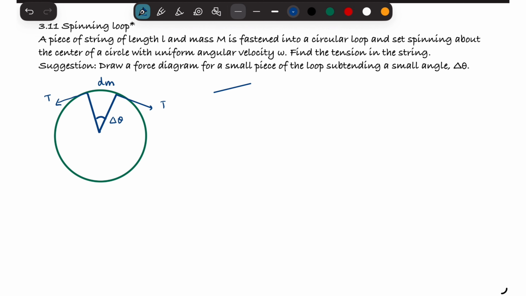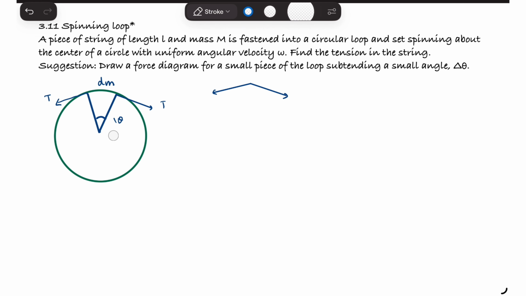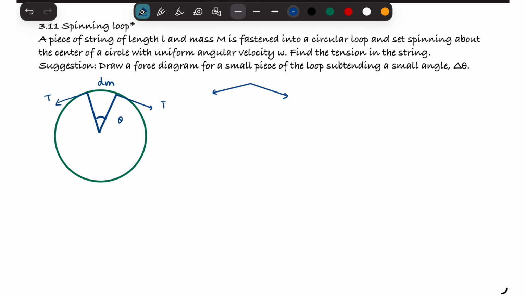Okay, so if I draw the diagram more clearly and correctly, because in principle dm is not supposed to have any finite size, let's also change delta theta to d theta, just for convenience. Nothing changes.